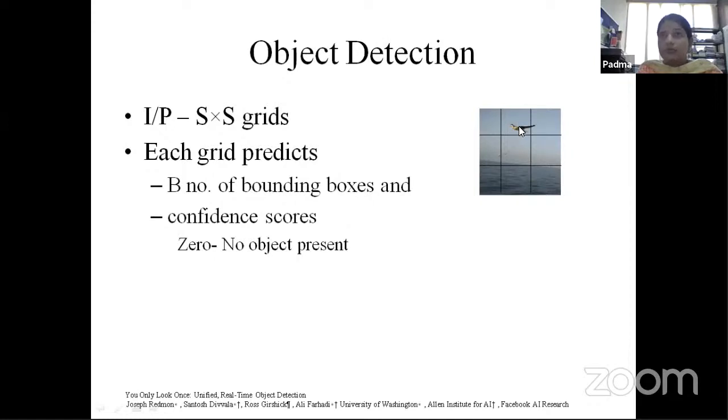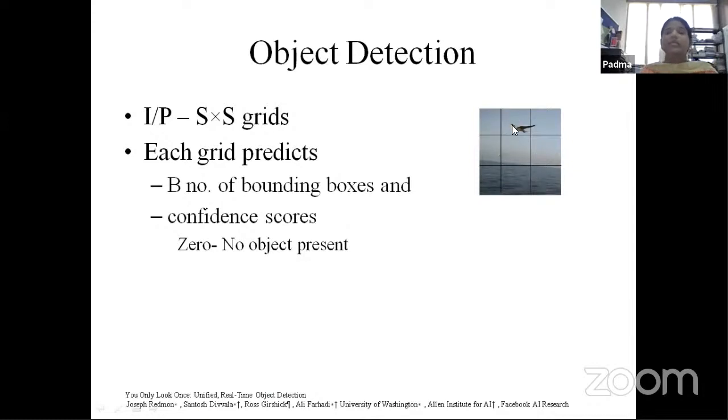Those 2 bounding boxes will also generate confidence scores. This time the confidence score will definitely not be 0, it will be high, right? Similarly, for any of the other grids, the confidence score would be 0 as compared to the second grid.